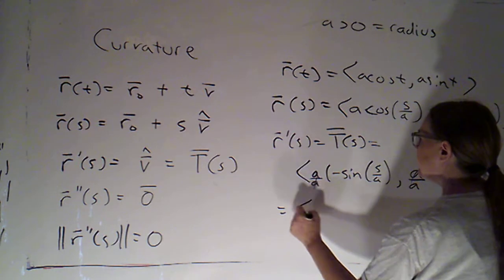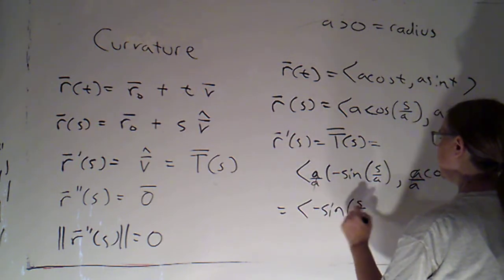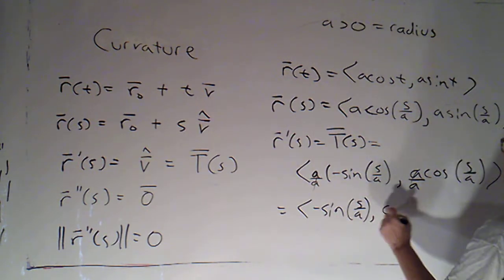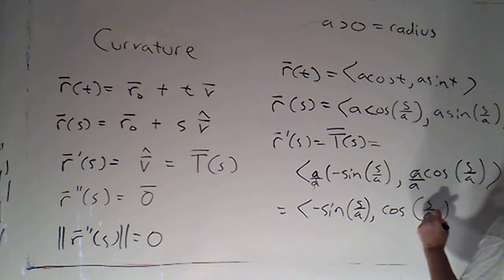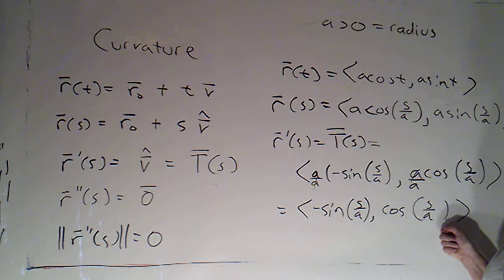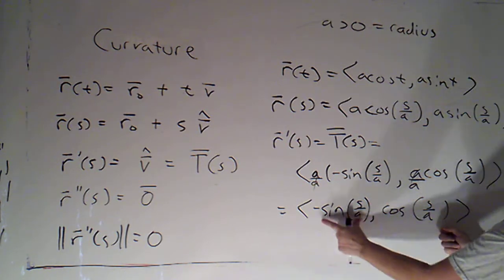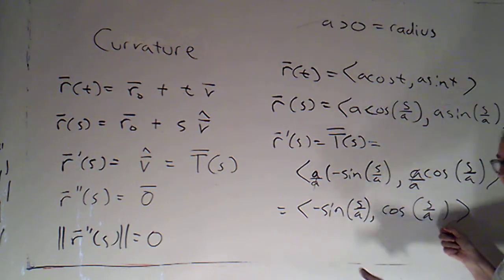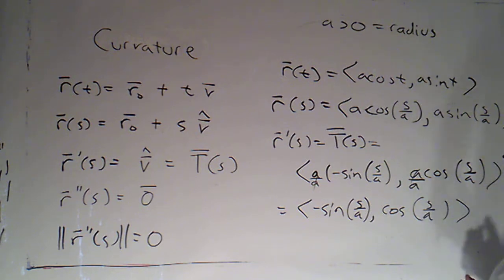And so we're getting negative sine s over a, comma, cosine s over a. I can recognize that's a unit vector, because the sign happens to be negative, but when I calculate the magnitude, I'm just going to get sine squared plus cosine squared of s over a. That's going to be 1.